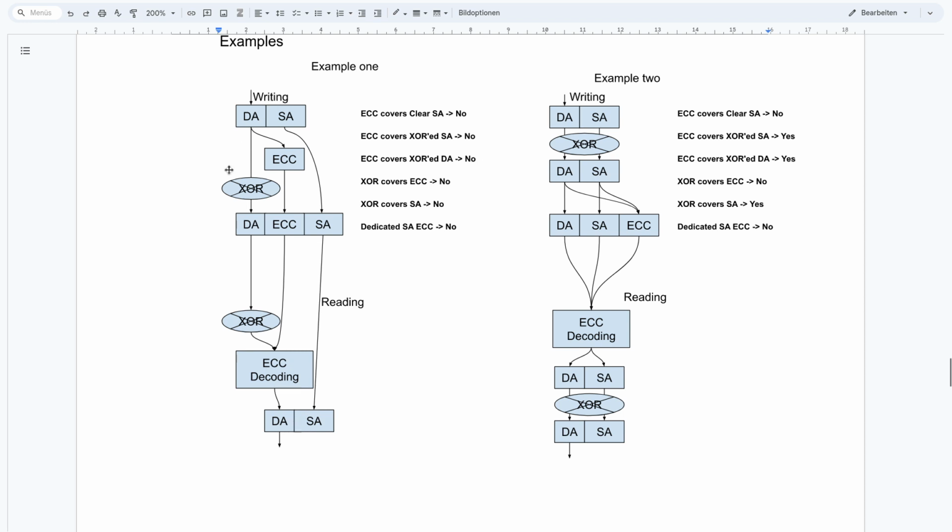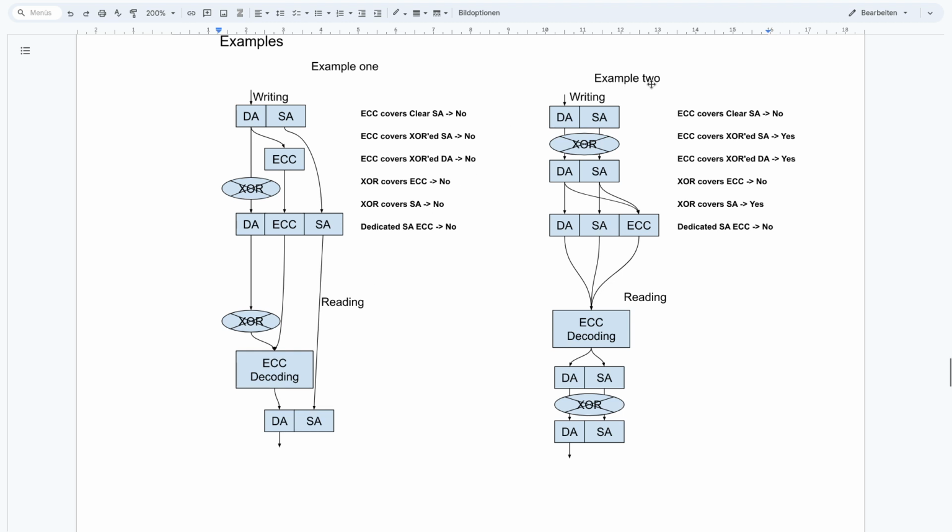So that's the first scenario that we've taken a look at, and we can see that all of those concepts do not apply to this kind of firmware concept for a NAND flash controller.